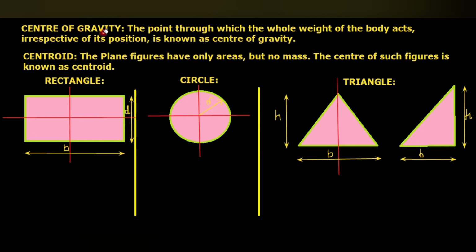Center of gravity: the point through which the whole weight of the body acts irrespective of its position is known as center of gravity. That means the point where the whole mass of the object is concentrated, that we will call the center of mass.